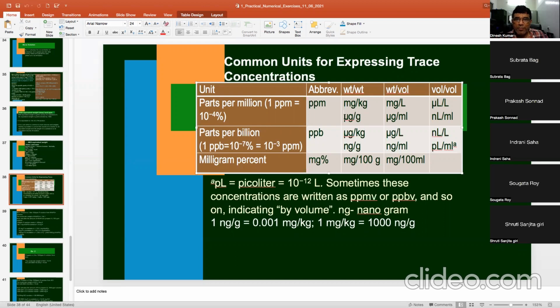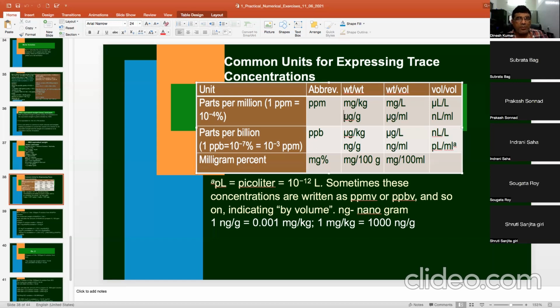Now, that was for solid things. Now you have weight by volume. Some solute is dissolved, which was solid. Then you can report it as milligram per liter instead of milligram per kg. In the same way, suppose it was 15 milligram per liter, then you can write 15 microgram per ml.